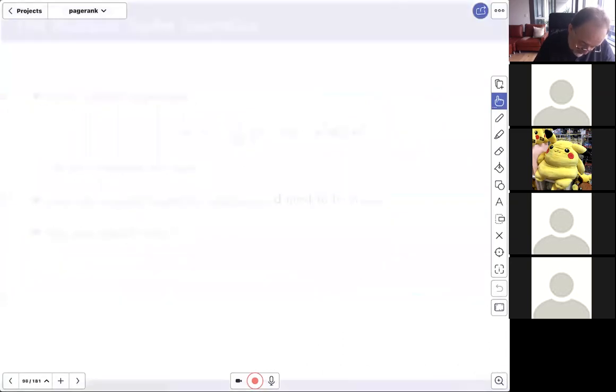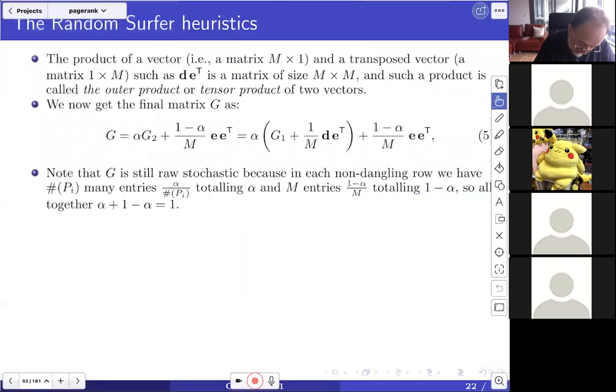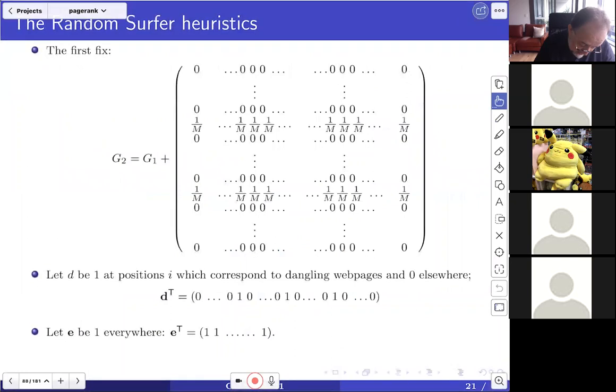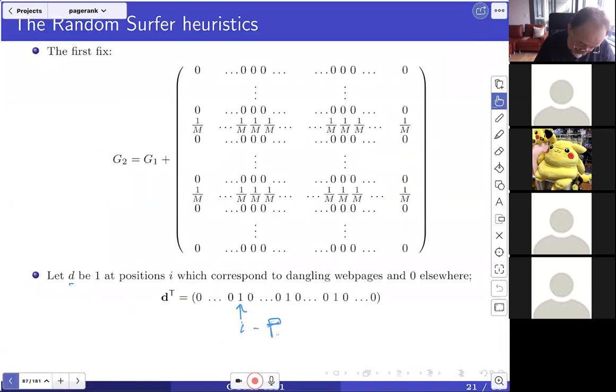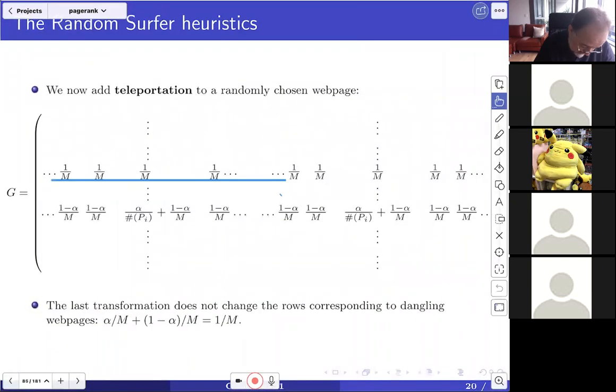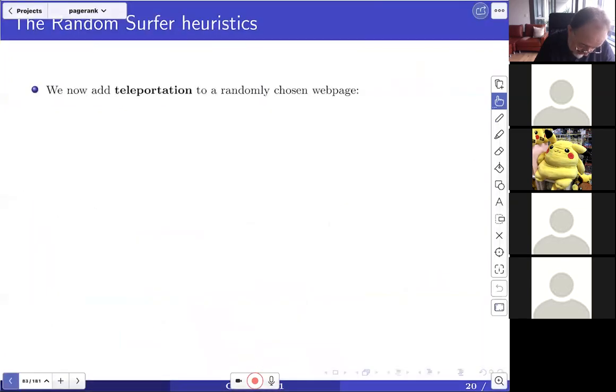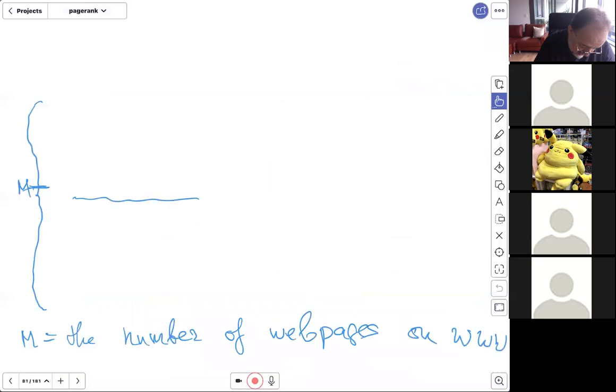Let me just briefly look back at the formulas that we had, and we will explain why we change things in this way.